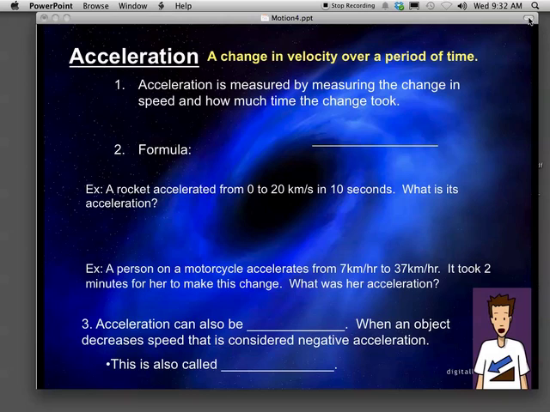Anyone think you could come up with the proper formula to calculate the acceleration of an object? No. Matt? D over T times V. Not quite, no. Habib? Speed equals velocity over time.